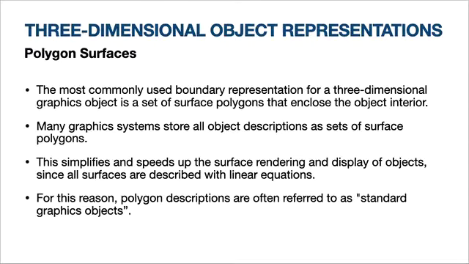Boundary representation describes three-dimensional objects as a set of surfaces that separate the object interior from the environment. So it will be represented using some surfaces. If you take a cube, you can represent a cube using polygon surfaces, means that only the surface representations will be provided, the interior details won't be there.